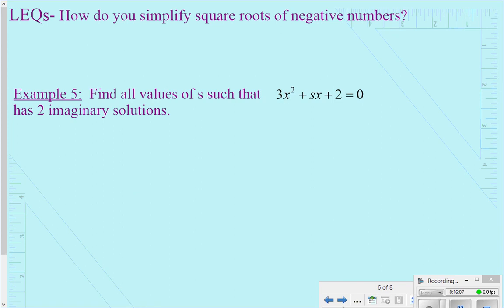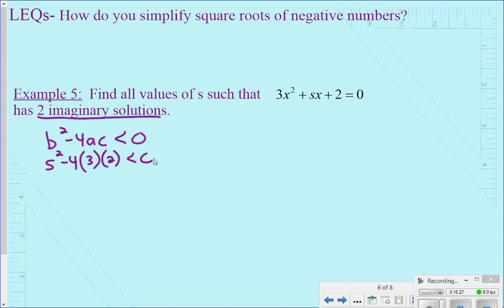So this time it says two imaginary solutions. So we're going to take the discriminant and set it less than 0 because two imaginary. So I'm going to set b squared, which is s, minus 4 times a, which is 3, times c, which is 2, and that's going to be less than 0.